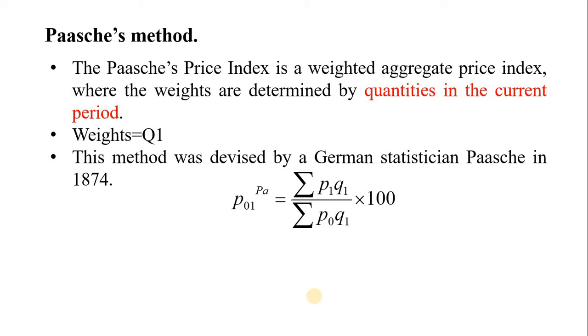Look at this, Q1 is the weight, into 100. So what is the difference between Laspeyres and Paasche method? In Laspeyres, he considered Q0 as the weight, whereas in Paasche method, he considered Q1 as the weight. Okay, yes.